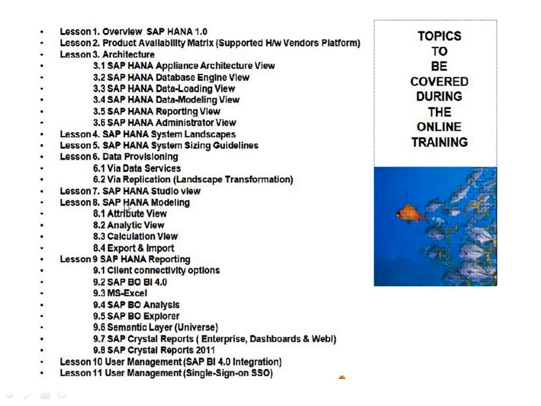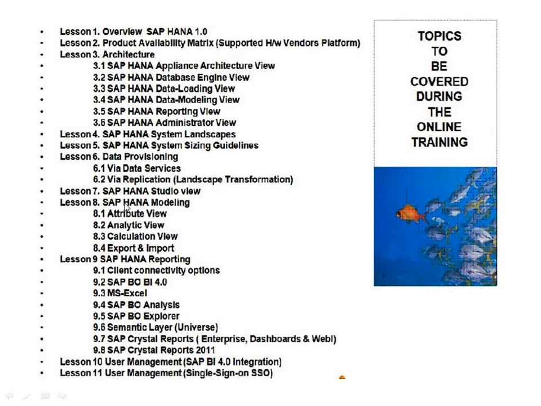Now the modeling concept is basically the star schema modeling concept here, and we will see how we create attribute views, analytic views, calculation views, and how we move your entire model from one landscape to the other.